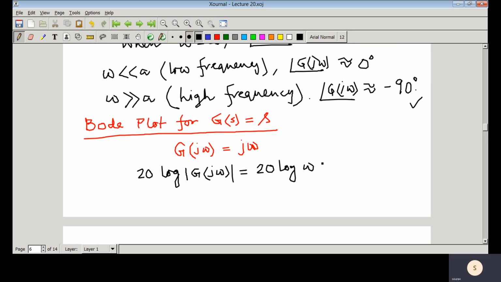So in dB scale, as we have discussed, this is the magnitude in dB scale, and you can see that if this is y and this is x, that would actually be y equal to 20x. So the slope that you would have in decibels is 20 dB per decade.